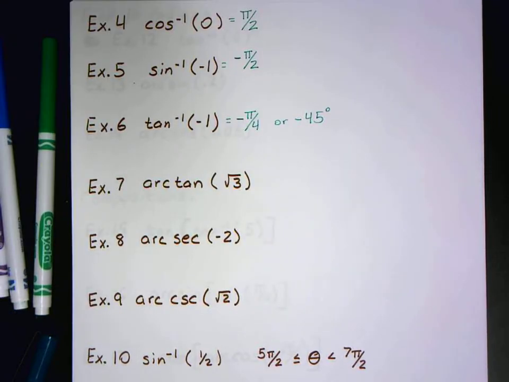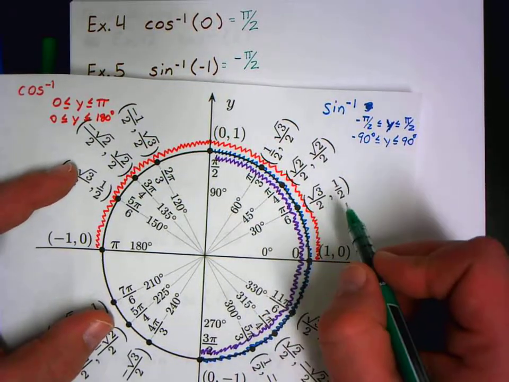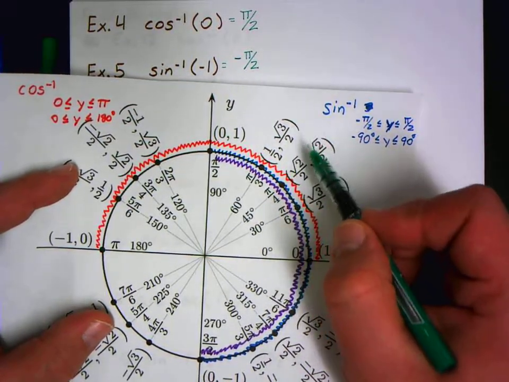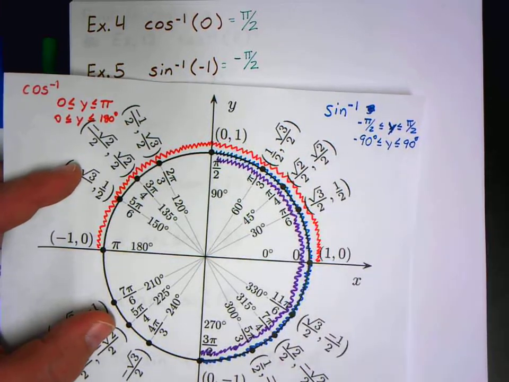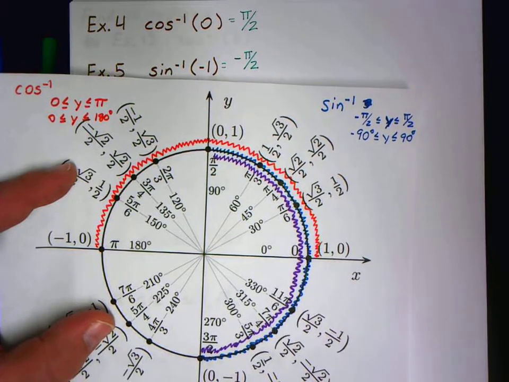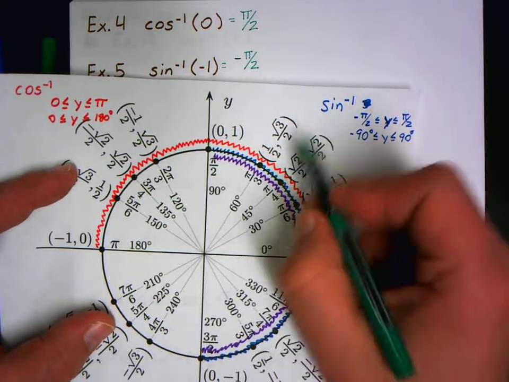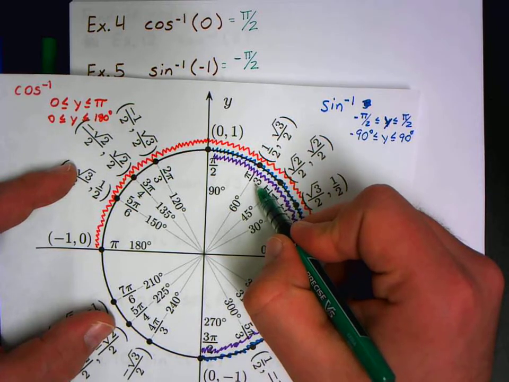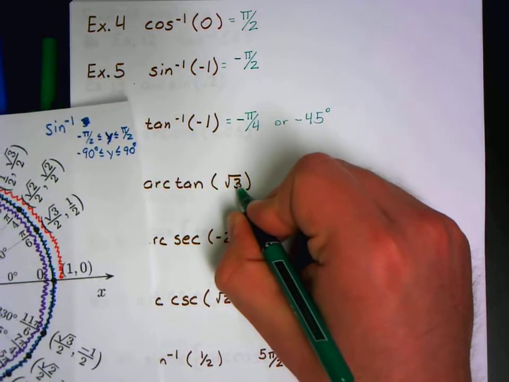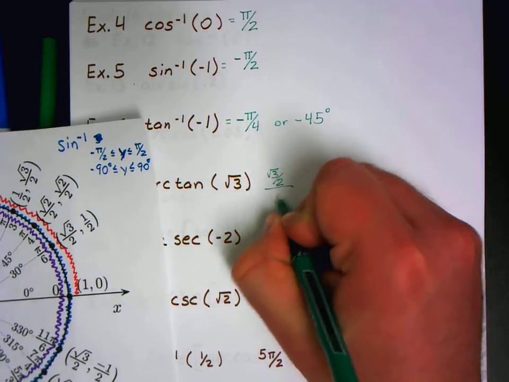Okay, arctangent of radical 3. So in order to get radical 3, I'm doing y divided by x. So that means the radical 3 would have to be on the top. So I need the radical 3 to be the y value. So that'd be pi over 3, because to get the radical 3, I need it to be divided like this.